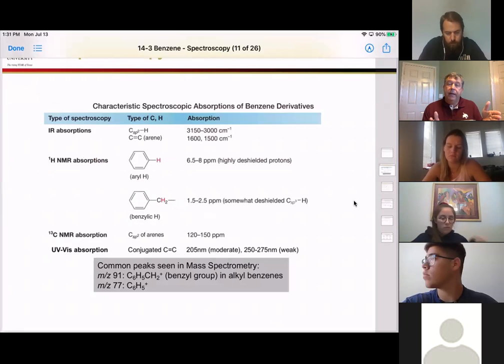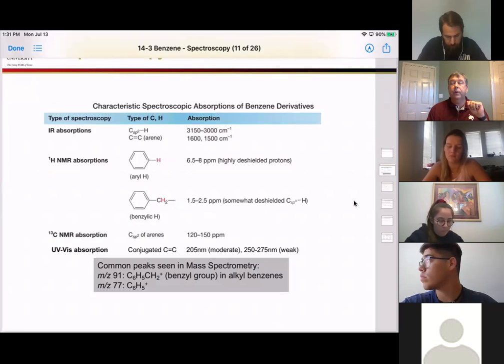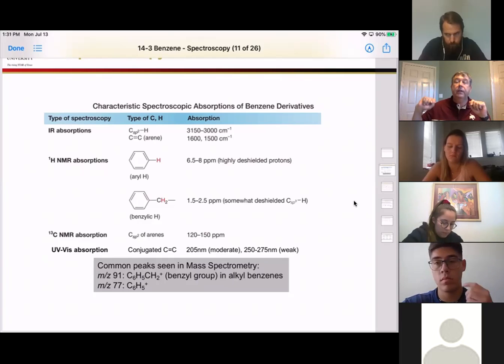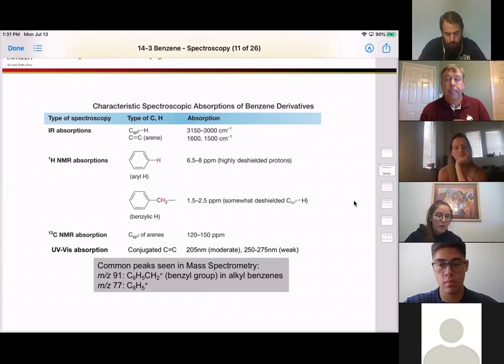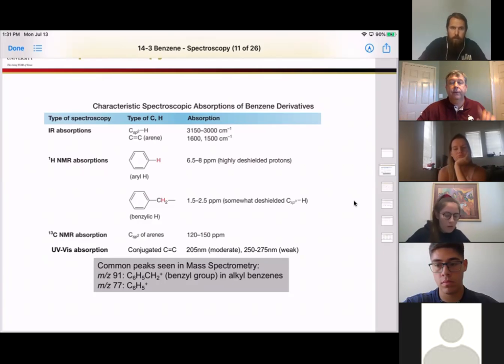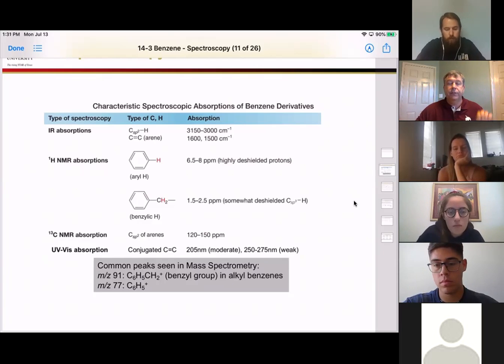So that higher band, and if you want a good remembrance about IR, NMR, and Proton NMR, go ahead and go to my track site or Canvas site. There's a spectroscopy overview slide to help you remember what I'm talking about as far as the different zones for IR and the different upfield and downfield shifts for NMR. Okay, so go look for that if this is seeming a little confusing to you.